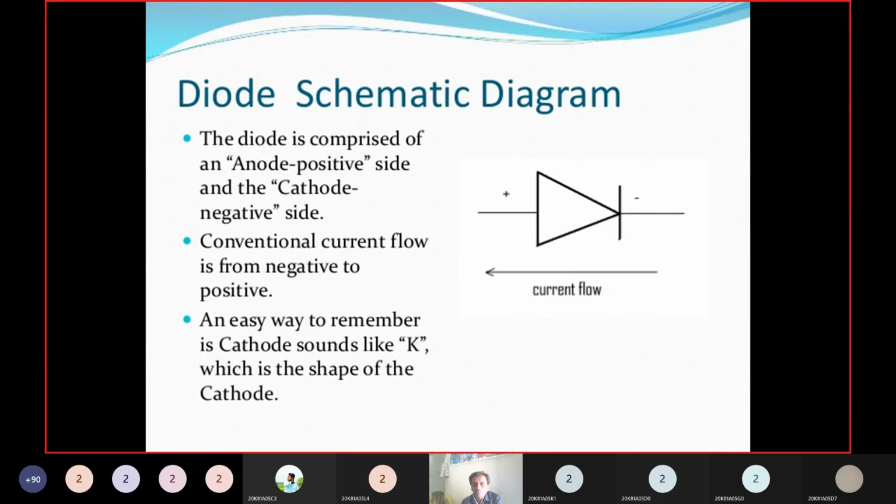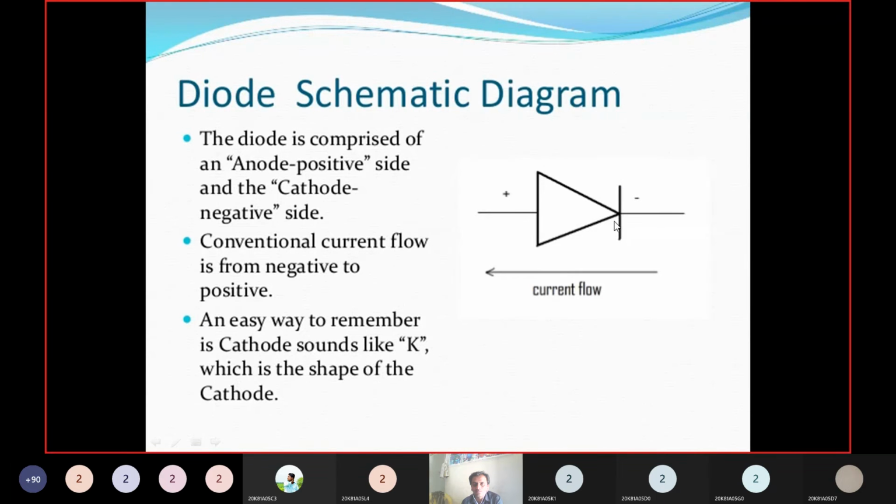I will explain what forward bias and reverse bias are. Initially, the anode region is positive and the cathode region is negative. The N region is the cathode, and the P region acts as the anode.